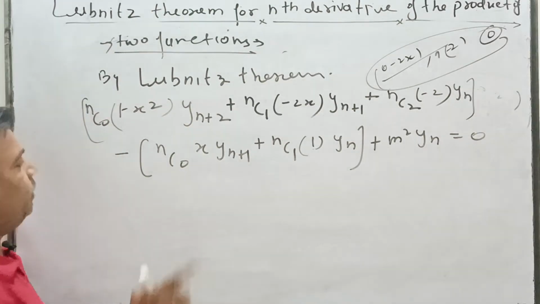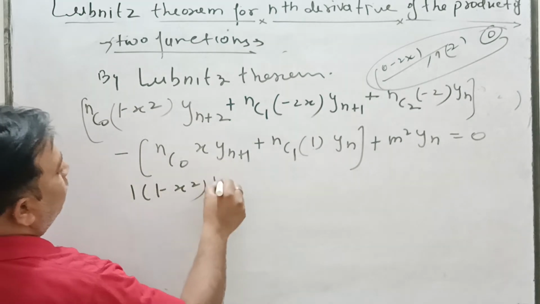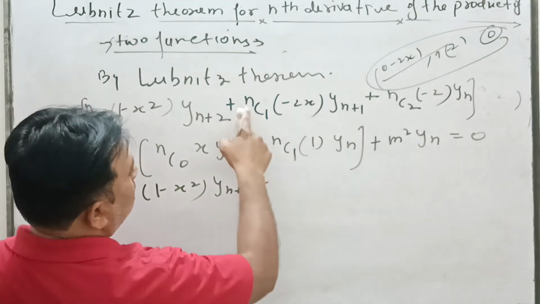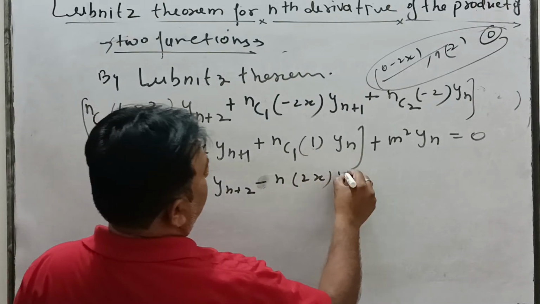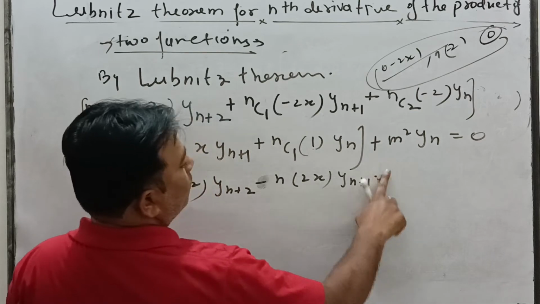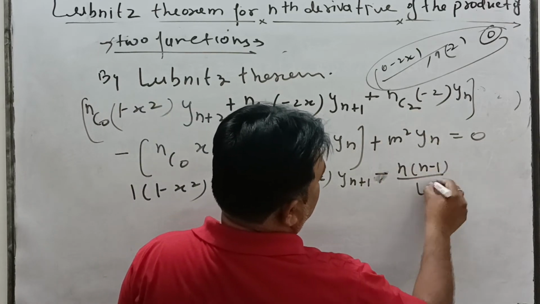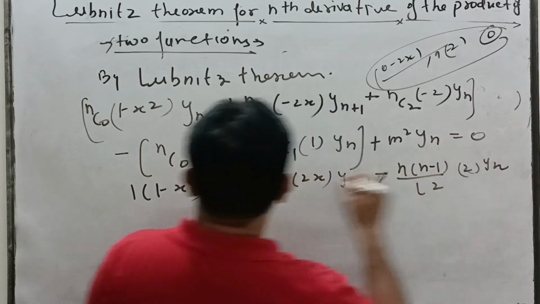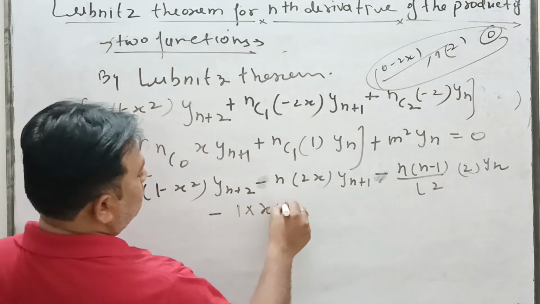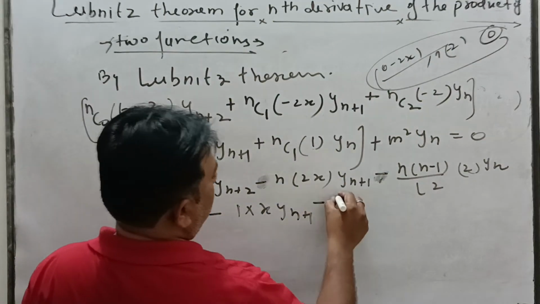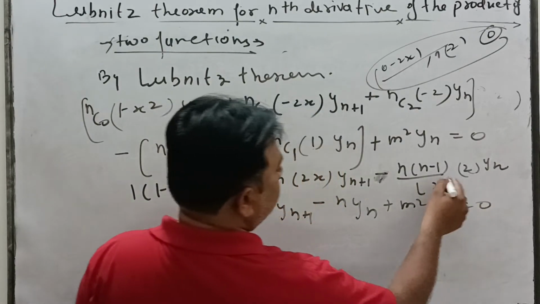nC0, as we discussed in a previous video, is 1, so 1 minus x square yn plus 2, nC1 minus n or 2x yn plus 1, this is minus nC2 n minus 1 upon factorial 2 into 2 yn. Similar process, minus, nC0 is also 1, x yn plus 1 minus n y of n plus m square yn equal to 0. Cancel out.